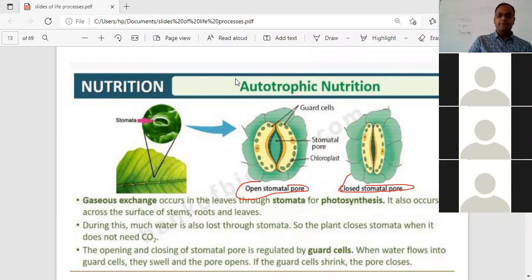Which mechanism will take place through stomata? Through the chat box, you can give me the reply. Okay, correct. Many students have replied. Which mechanism? Yes, Arushi, it is the mechanism.